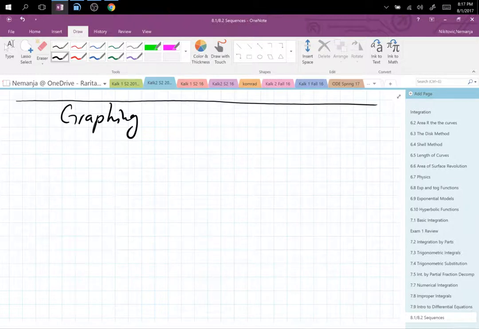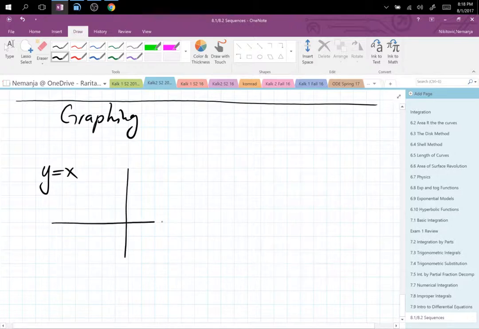So what we get are series of discrete dots on the graph. If I want to graph y equals x, we get a 45-degree line through the origin, and it's a continuous line that hits every value of x and gives us a lot of values on y.